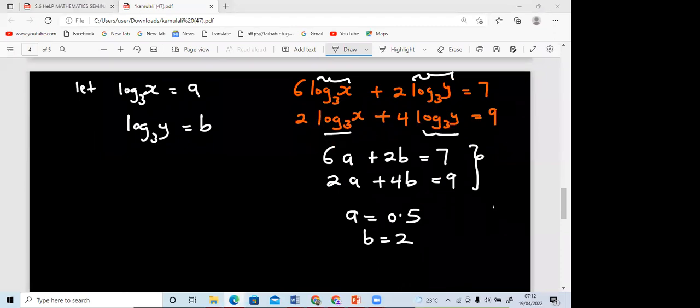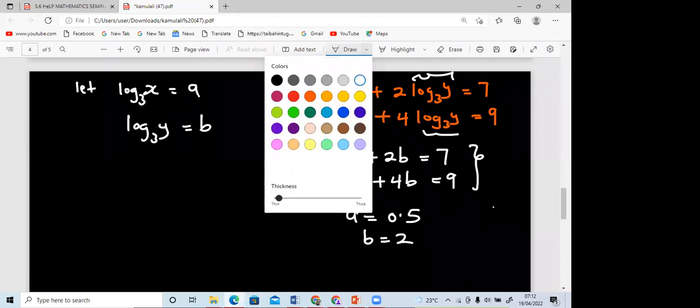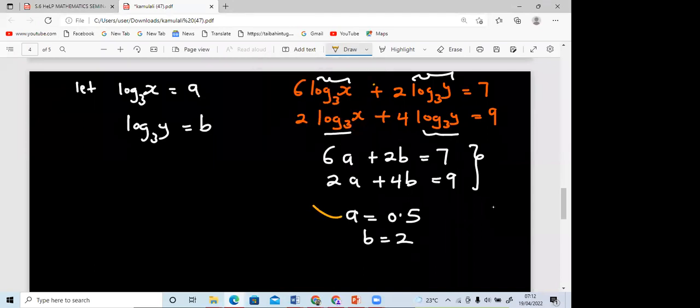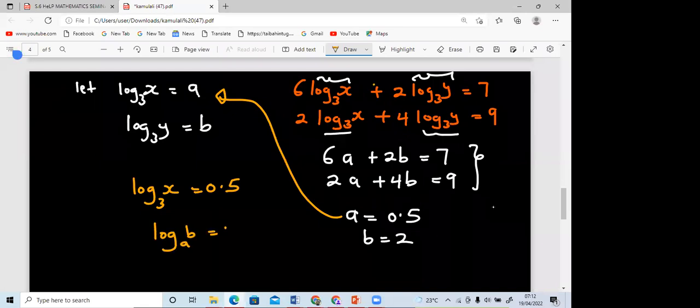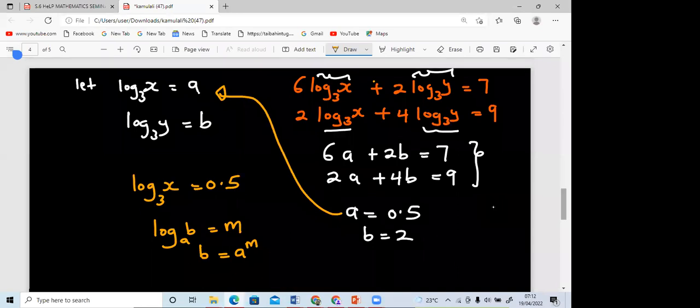But now afterwards, we shall go back and ask ourselves, what do we have for our a? That our a was this. So I remember the rule that says that when I have log base a of b equal to m, this is the same as b equaling a to power m. So what are you noticing now?